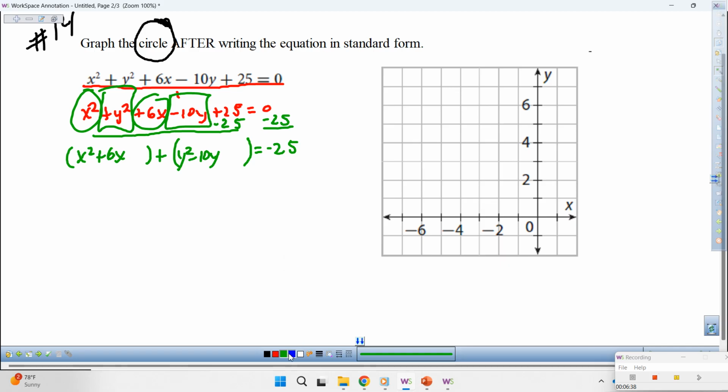Next, we need to complete the square. Remind your neighbor what to write here. What do we write there? Mario, what do we write here?